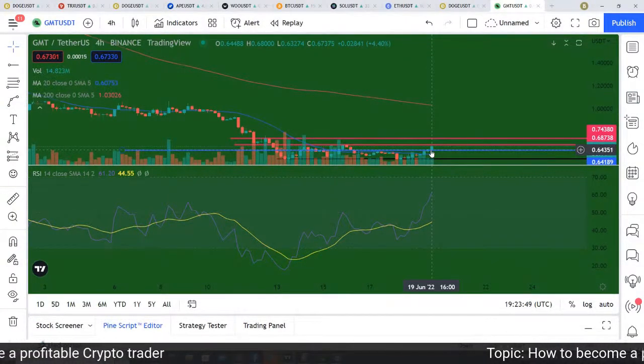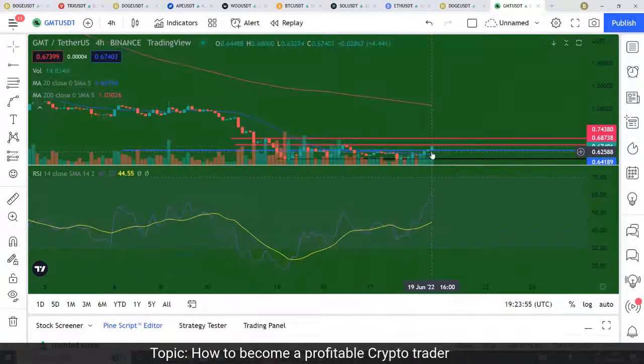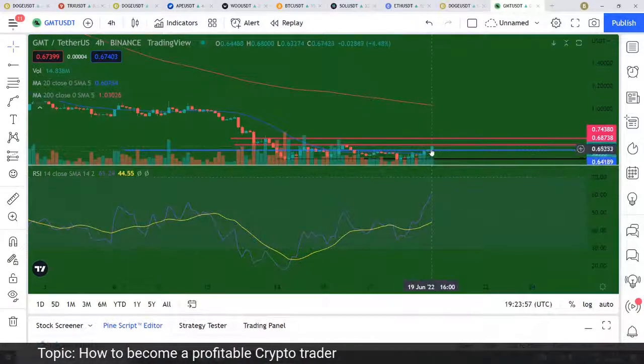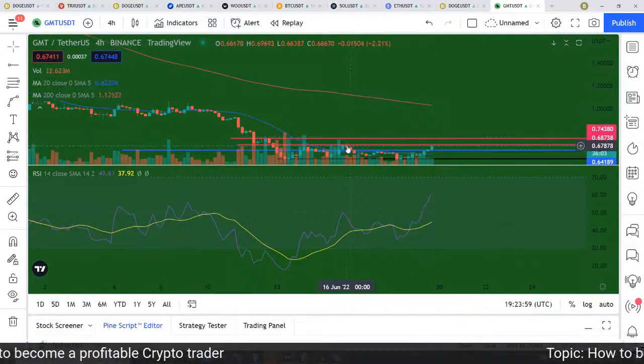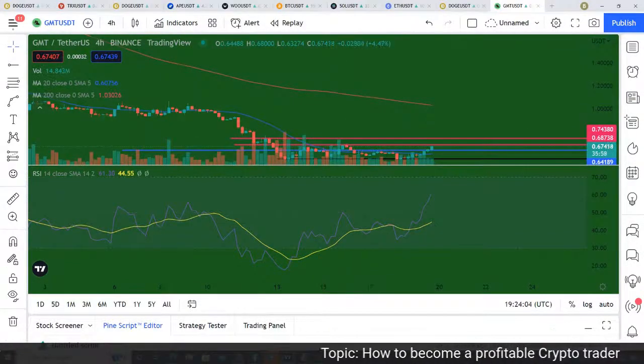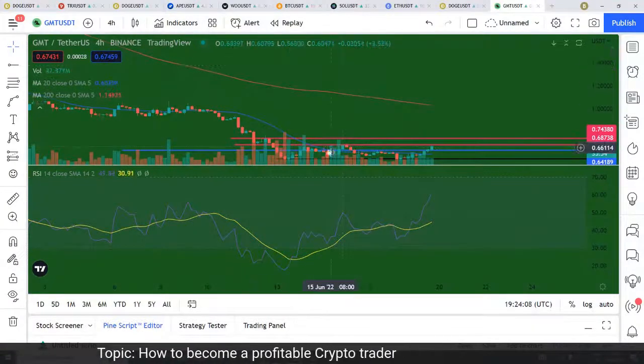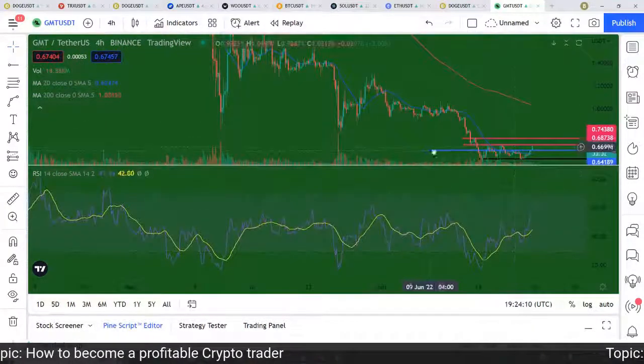Buy when a breakout happens, and short when a breakdown happens. So now a breakout has happened and it's hitting the targets I just mentioned in the group. So this is what you can know about support and resistance, or breakout and breakdown.